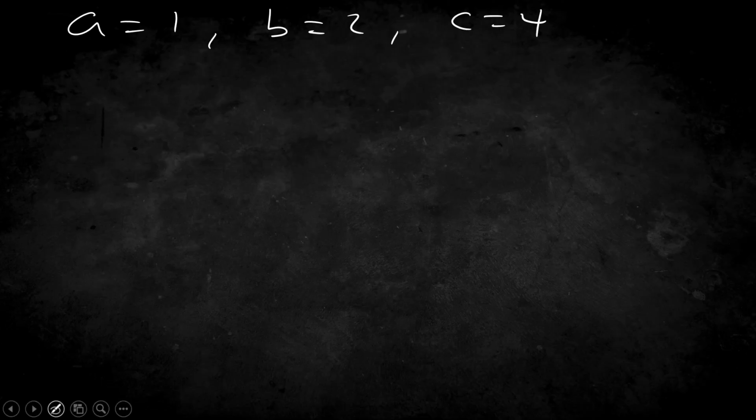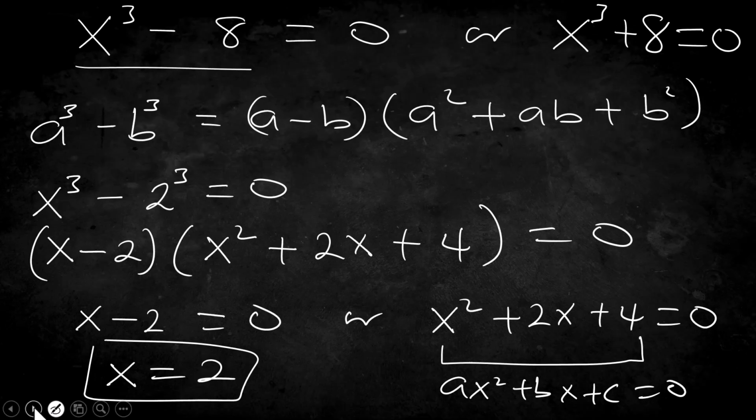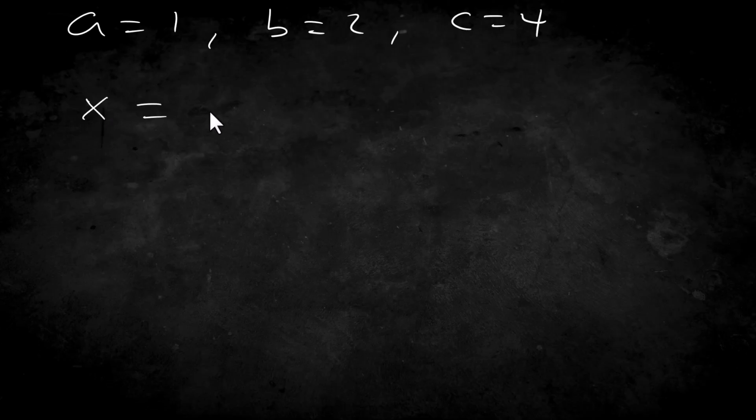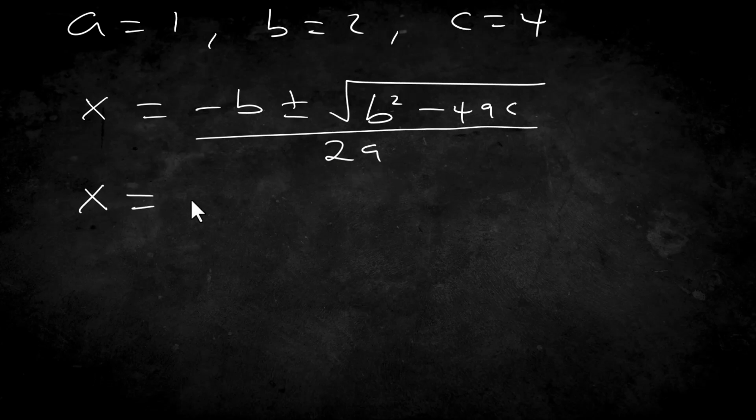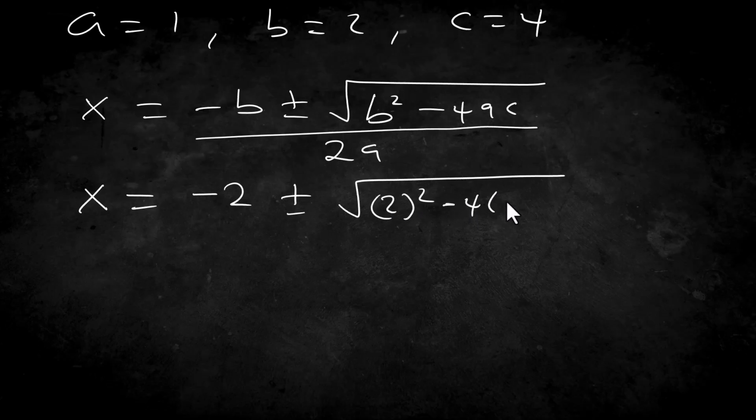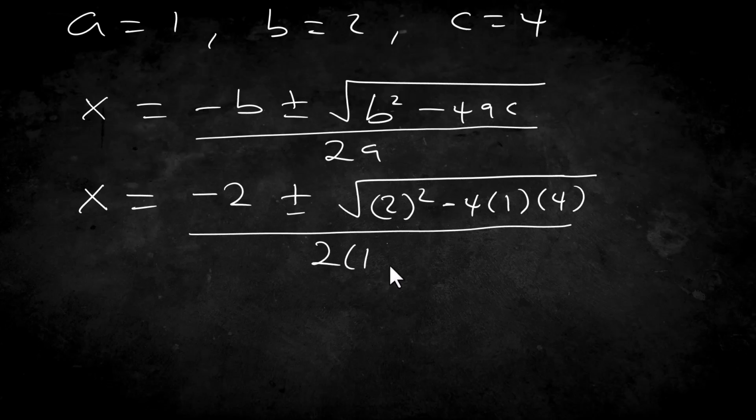So from here we can write our formula as x equals minus b plus or minus the square root of b squared minus 4ac, all over 2a. Now let's solve for x. So a is 1, b is 2, so we have minus 2 plus or minus the square root of 2 squared minus 4 times 1 times c, which is 4, over 2 times 1.